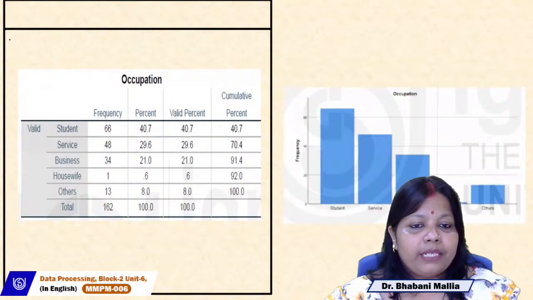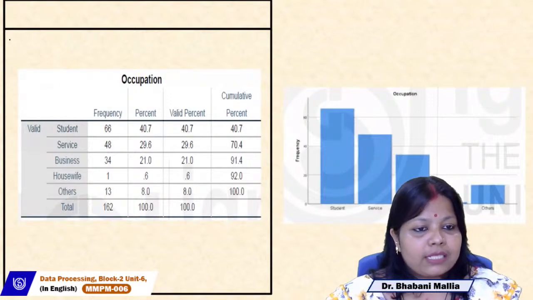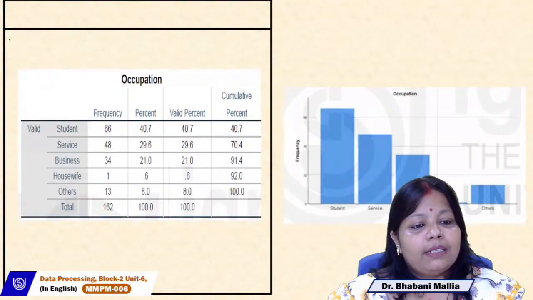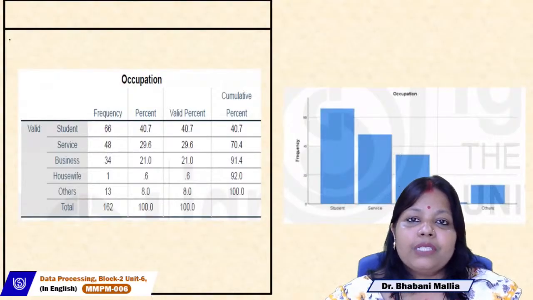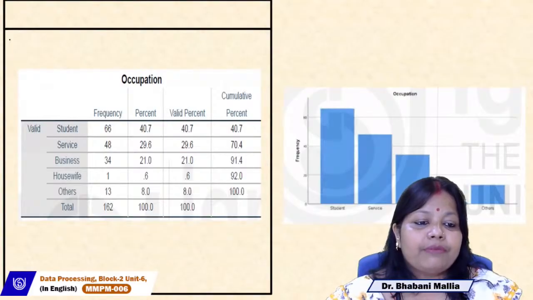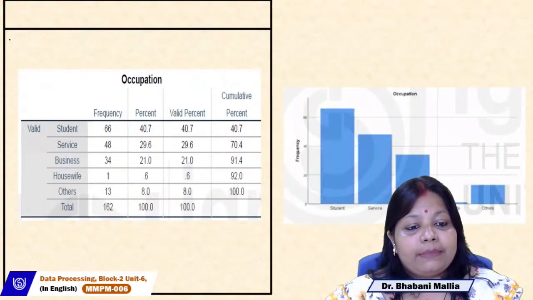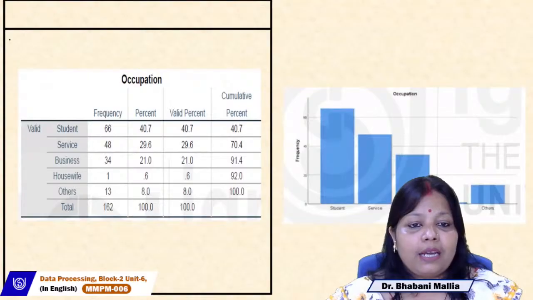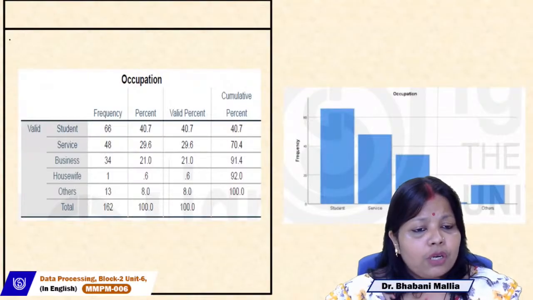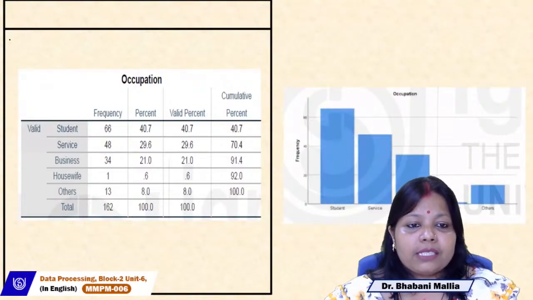It may be private or government, which I had not mentioned, so it is coming under service only. In the business category, 34. Only one person is a housewife, and others are 13. It means these 13 are different from student, service, business, and housewife. So altogether the total is 162.